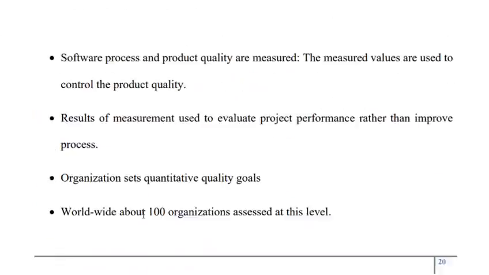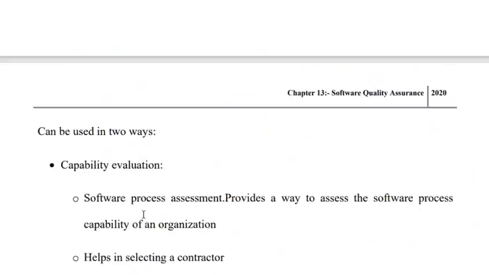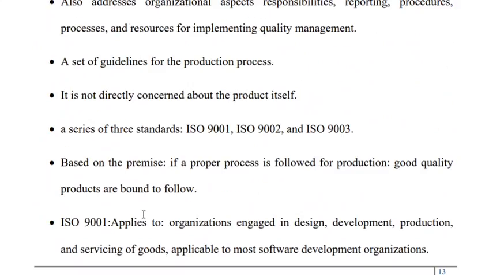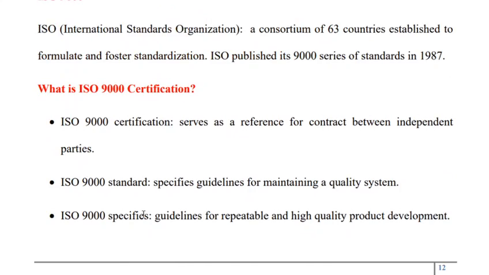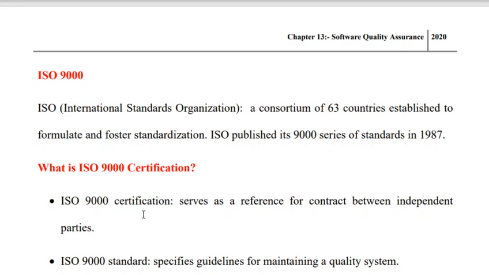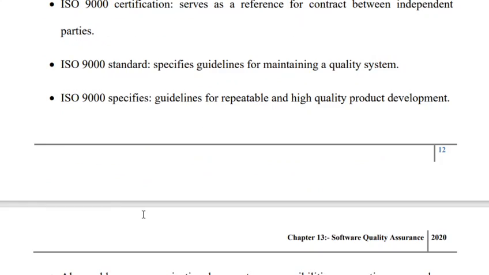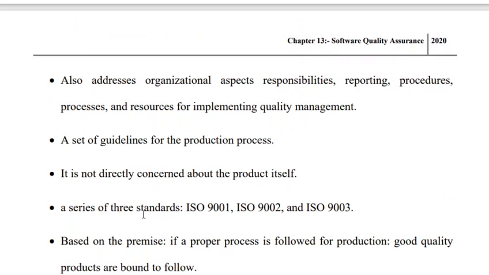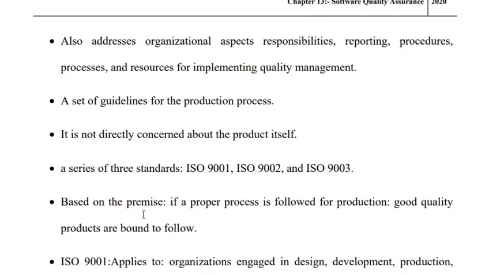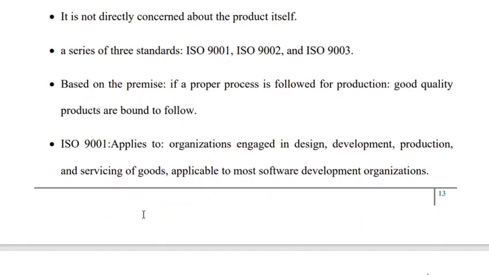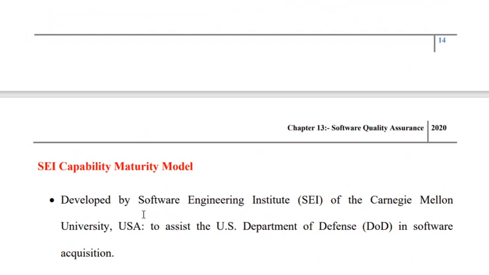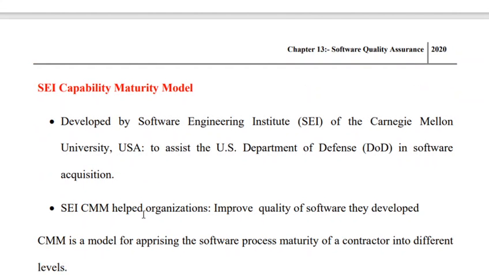So in today's class, we have learned about the ISO 9000 standard. We've learned about the importance of ISO 9000 standards. Then we've learned about the significance of ISO 9001, 9002, and 9003 series of standards. And then we've learned about SEI CMM, where SEI stands for Software Engineering Institute and CMM stands for Capability Maturity Model.